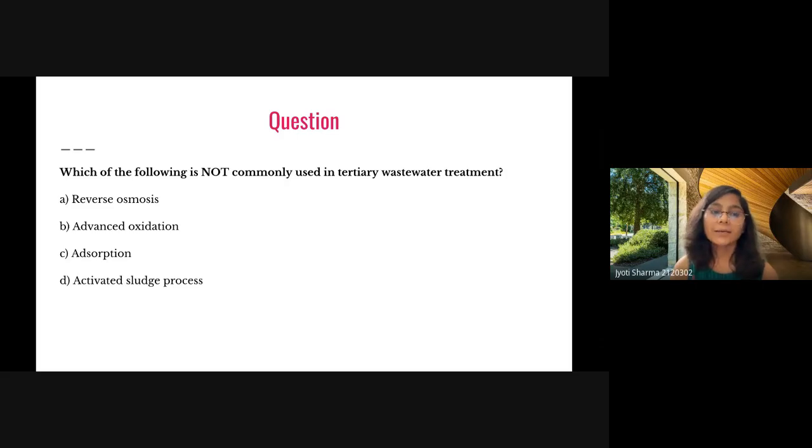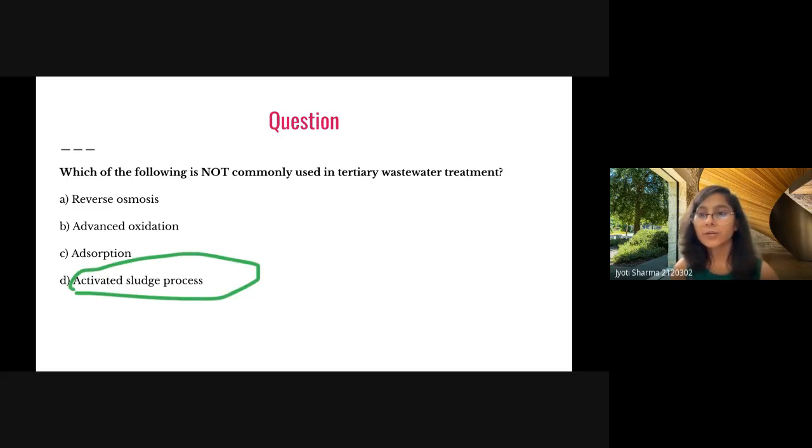That is D, because D is the part of what level of wastewater treatment? Can you give me the answer? Activated sludge process. Is it the part of primary or secondary? Okay, yes, this is the part of your secondary wastewater treatment. So that's how this is not the part of your tertiary wastewater treatment, and D will be the right answer.